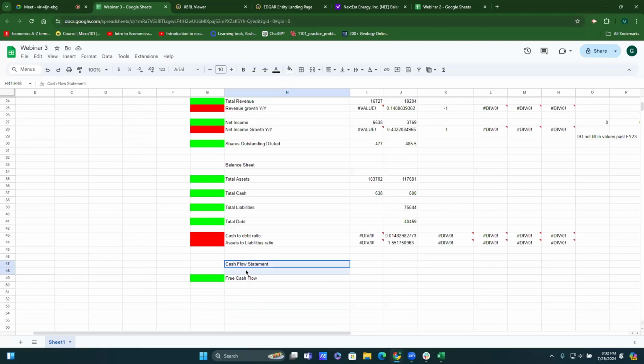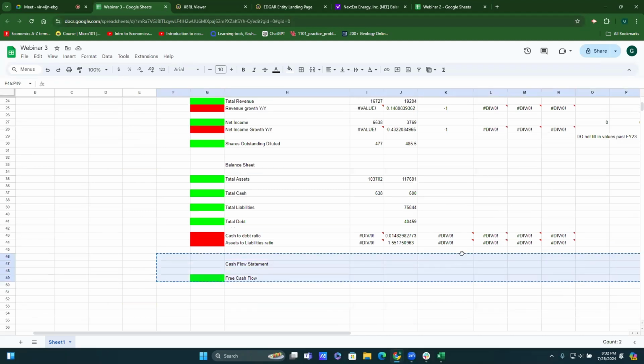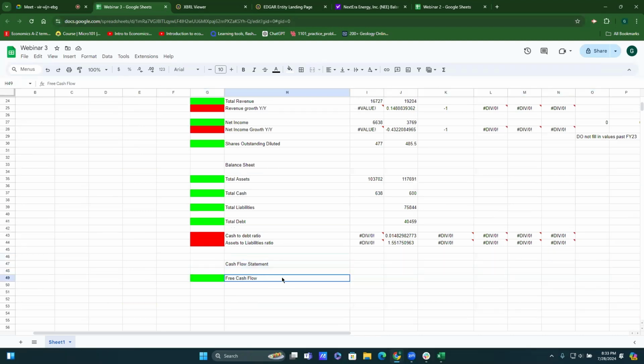So for now, we're just going to basically skip this. And that's okay if you guys use this template and you don't include cash flow at all. Free cash flow is just operating cash flow, let's see, plus your capital expenditures or minus your capital expenditures, right?